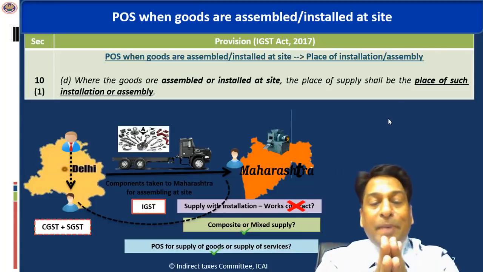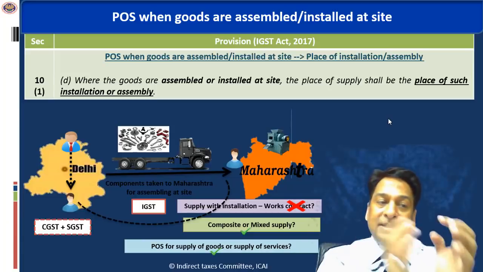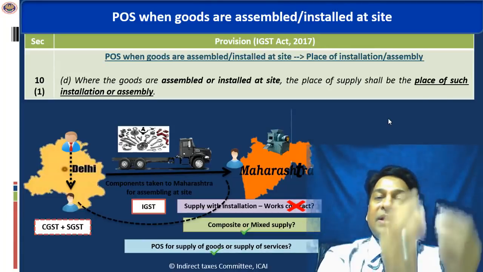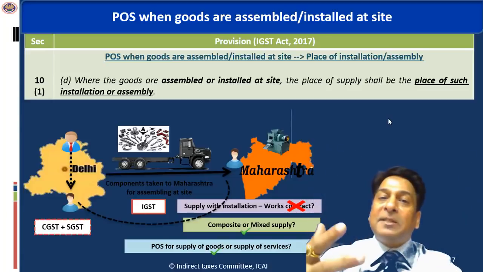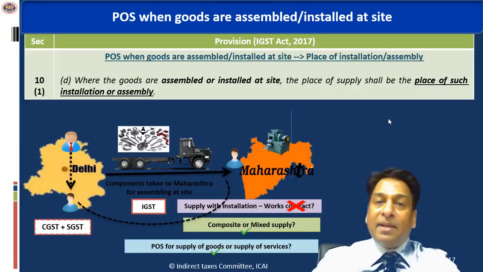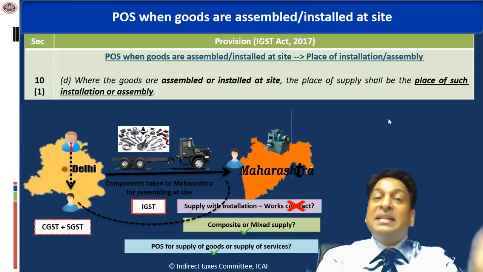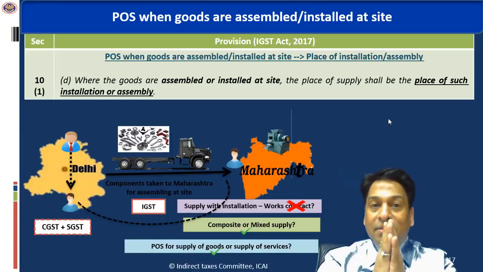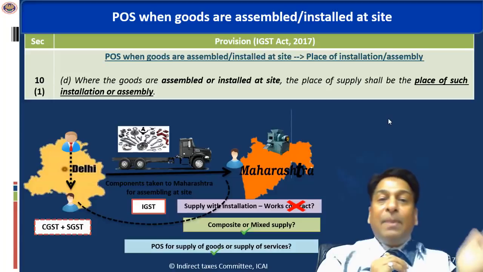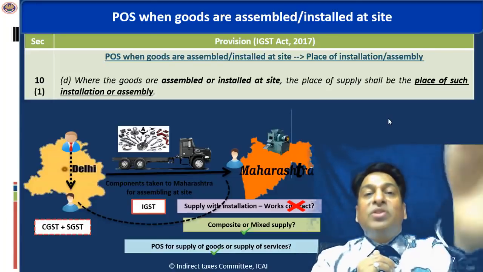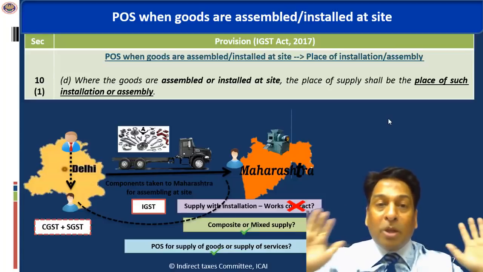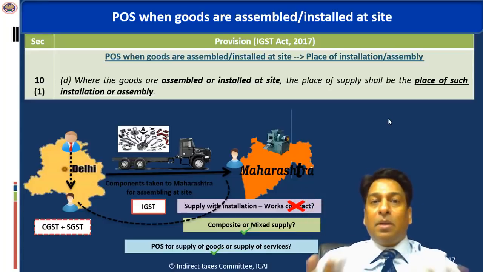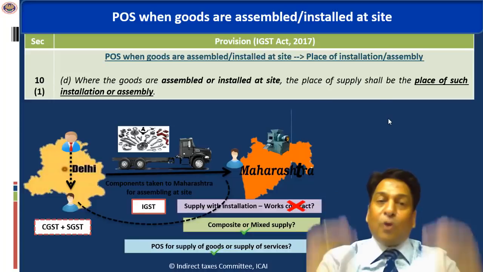But what happens if prices are bifurcated? Supply of component, there is a specific figure, let's say 10,000, and supply of assembly, let's say 2,000 separate. Can we charge separate GST rate as applicable, on component 28% and 18% on assembly? Possible. Of course possible. No denial. Of course can be done.